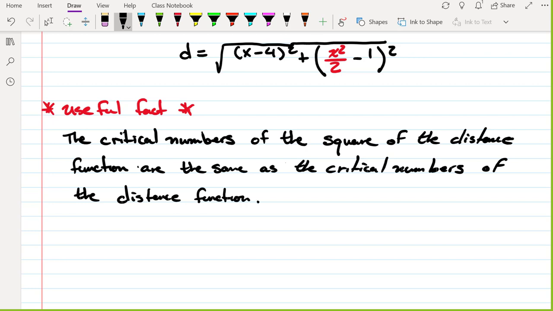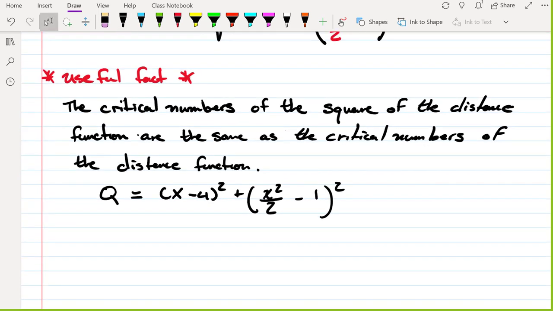So this fact means that when we're trying to find the critical numbers, we can essentially ignore the radical, which makes the calculus a lot simpler. If you do it the other way, you will get exactly the same thing. You'll just work a lot harder to get those critical numbers.